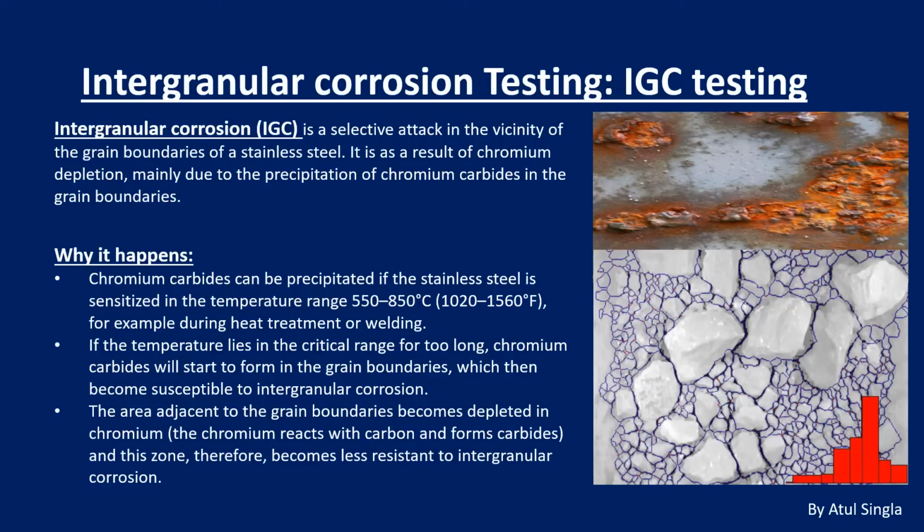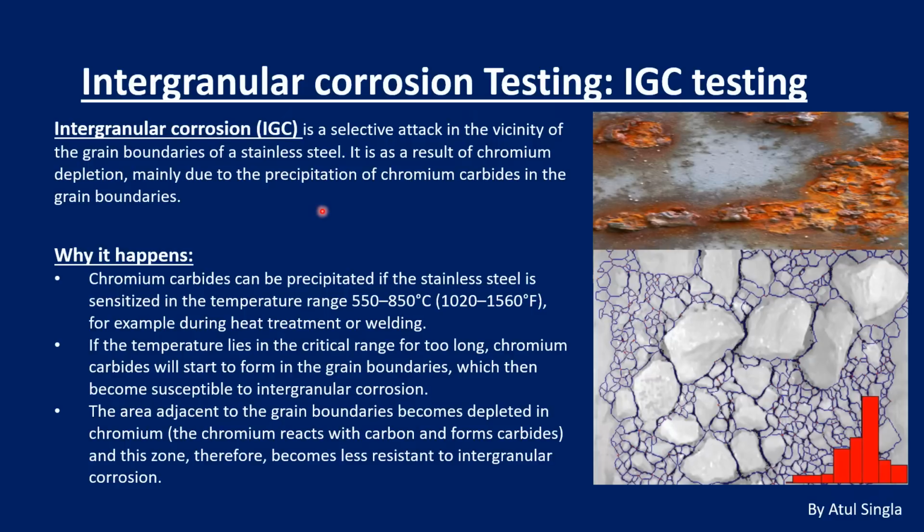So let us look at why these chromium carbides precipitate, especially in stainless steels. Chromium carbides can be precipitated if the stainless steel is sensitized in the temperature range of 550 to 850 degrees Celsius.